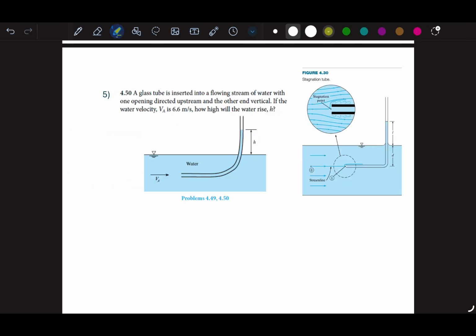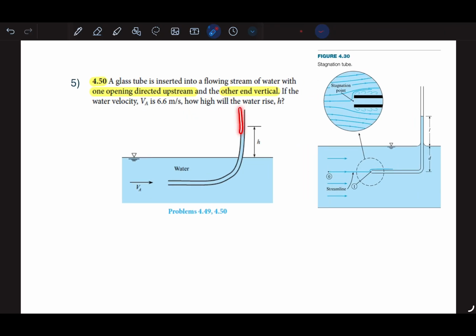Okay, we can continue with question 4.50. Here we have a glass tube which is inserted into a flowing stream of water with one opening directed upstream and the other end vertical. So let me clarify what we have. We have a glass tube which is shown here, and this is inserted in a flowing stream.